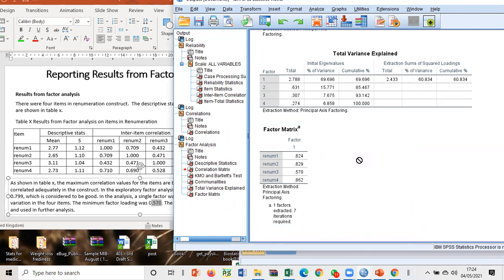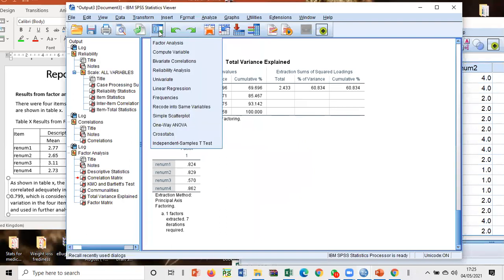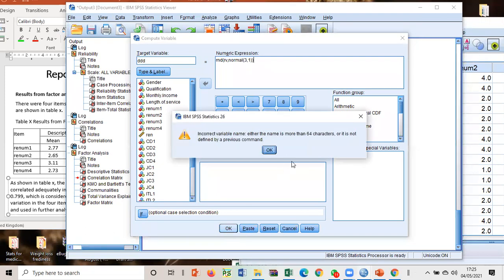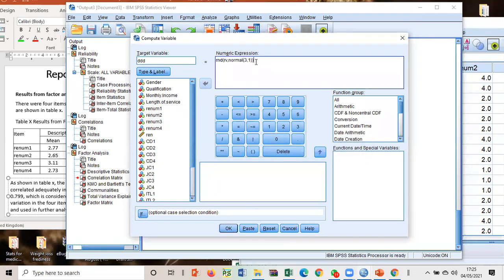Let me show you some variation. So let me create one variable. Like just now, I'm creating one random variable.